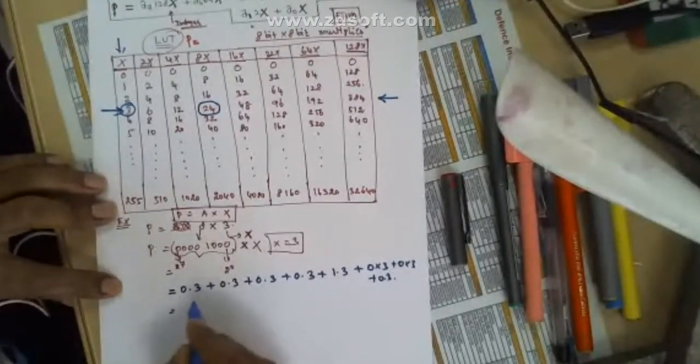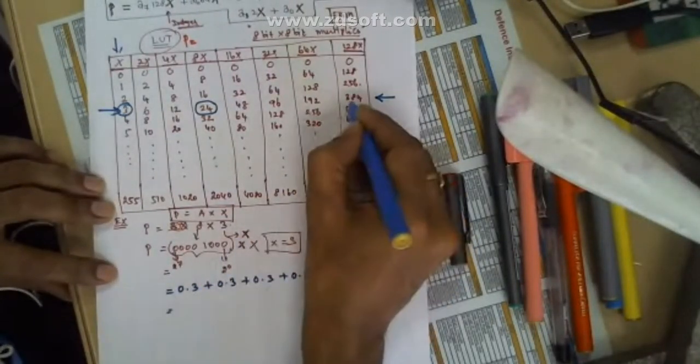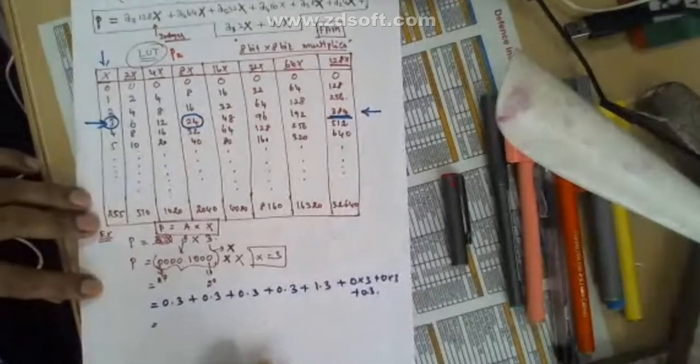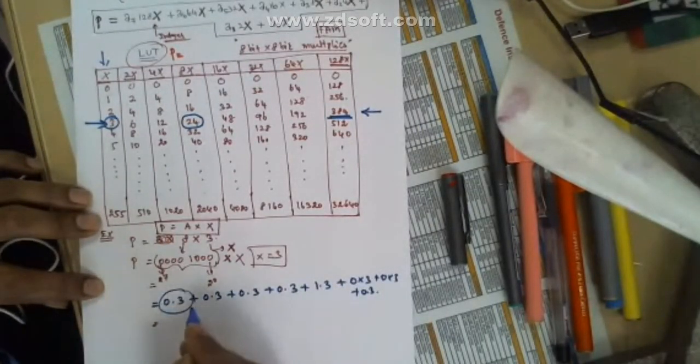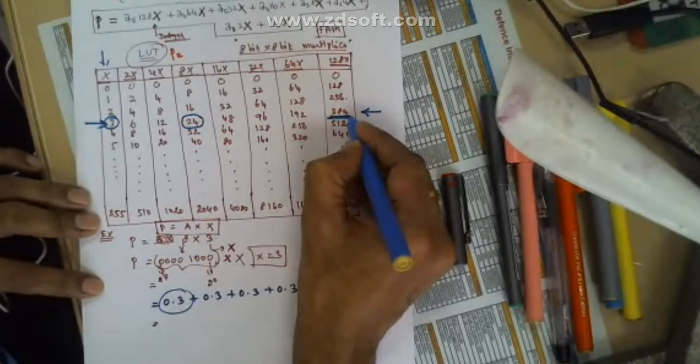But this LSB position is equal to this value actually. Correct? This position, this magnitude, 3 into this magnitude, the whole value is equal to 384.